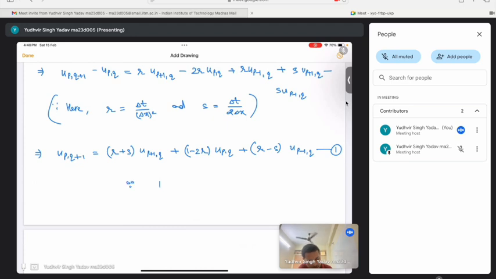Now we will substitute the solution of the form u p q equals xi to the power q e to the power i beta ph in equation 1. That is what the von Neumann stability analysis says.